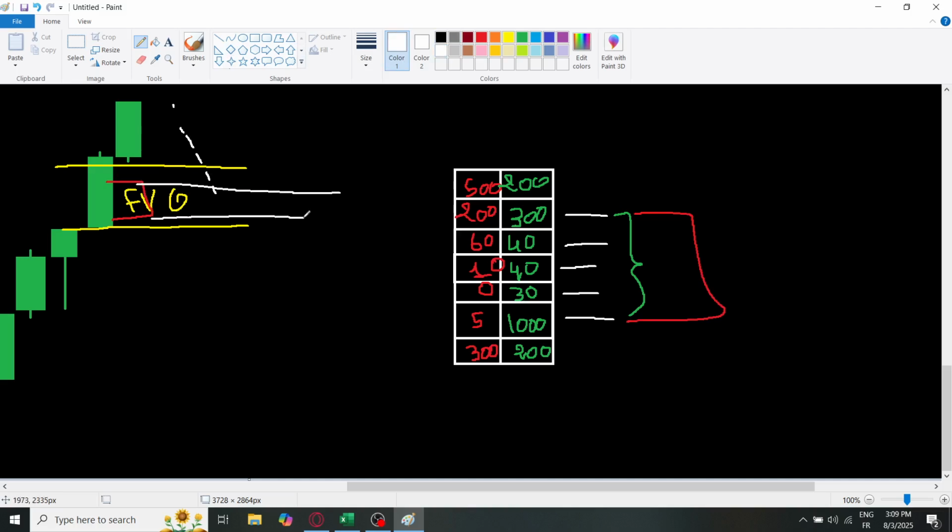Then if there is a rejection, which is a doji candle here, and it's not always a doji or hammer candle like this, with footprint you can check if there are aggressive buyers entering at this level. That means they rejected trading at this spot; they rejected considering this as a fair value level. So they will continue the trend and drive the price up.